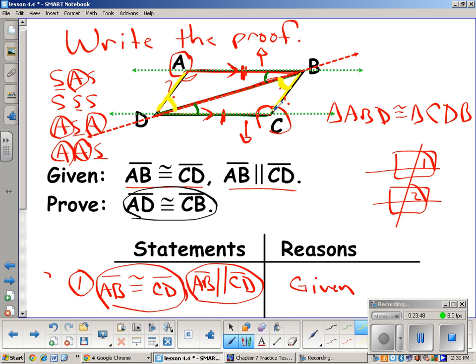Did they tell me anywhere here that they were parallel? No, so those would be the alternate interior angles between these two lines here. And that means then we don't know anything about them. So what I did in yellow here is not going to be helpful. So let's see if I can move that out of there.